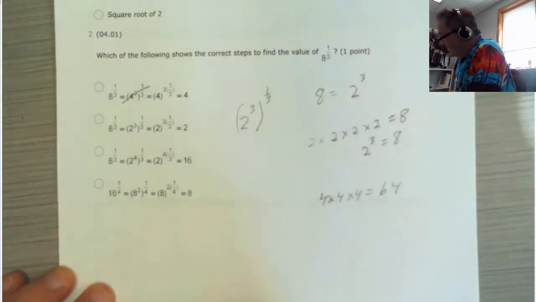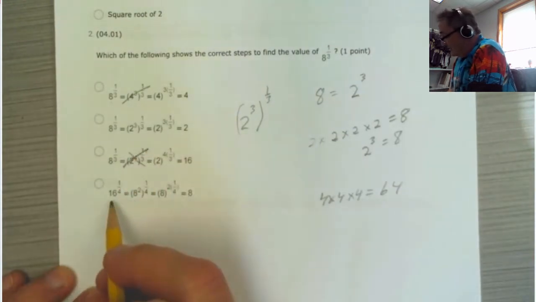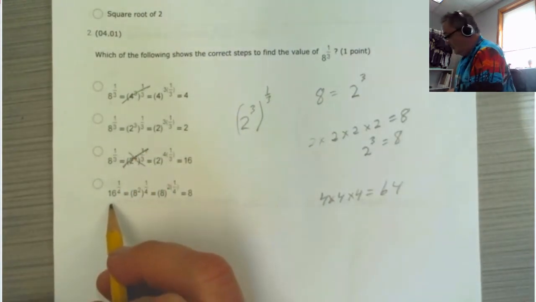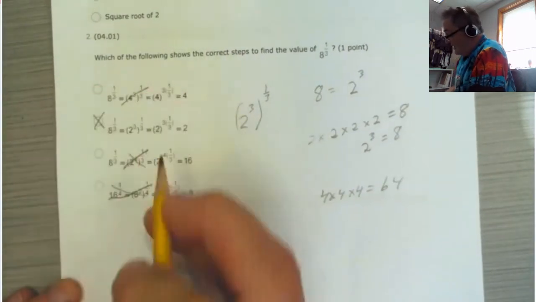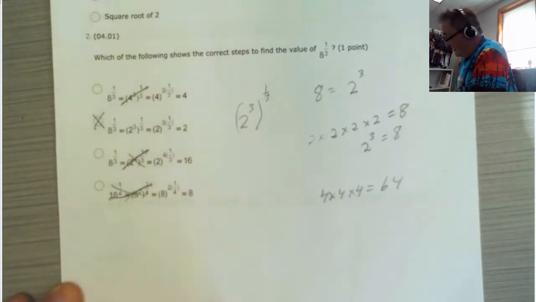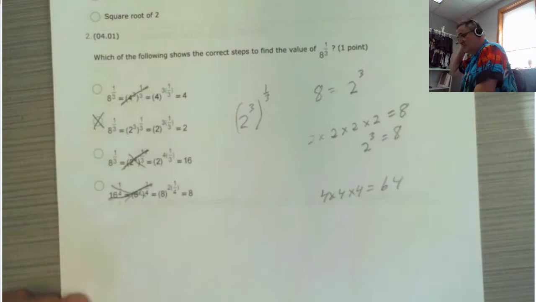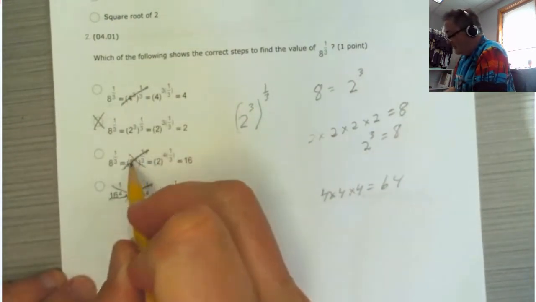And we know that's not going to equal 8. That's going to equal 16. So that doesn't equal it. And this starts out with 16 to the 1/4. I don't even know what that's doing. So this is obviously the answer. We don't even have to go another step, because just looking at the first step, these are totally incorrect because they don't equal the same as the 8. So we can look at that first conversion that they don't equal the 8.